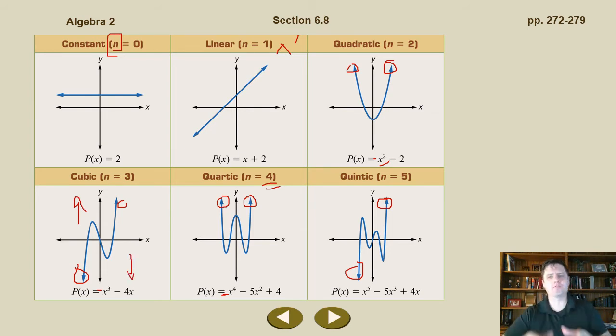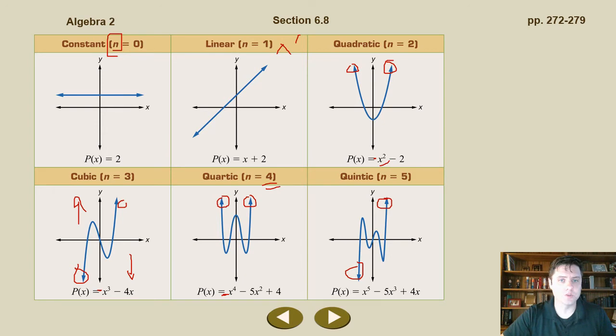So just be familiar, first of all, with the end behavior of these functions. If it's an odd value, one will be up, one will be down. If it's an even value, they'll both be up, or they'll both be down on the end. And then notice how many times these cross the x-axis. Notice for the cubic, it crosses it 3 times. Notice for the quadratic, it crosses twice.